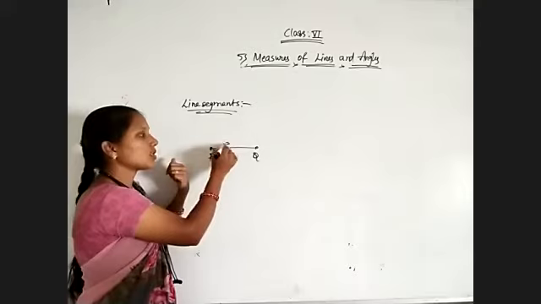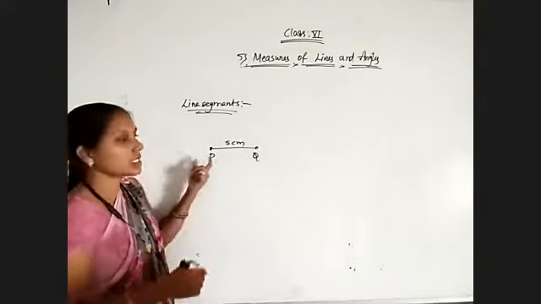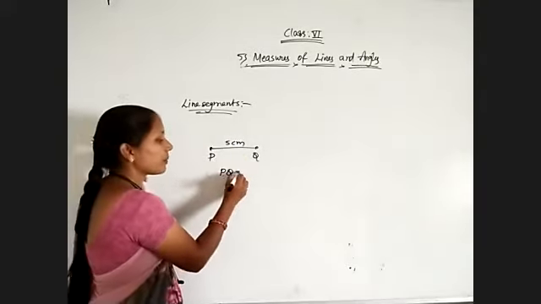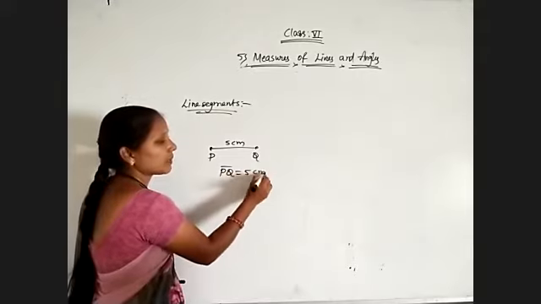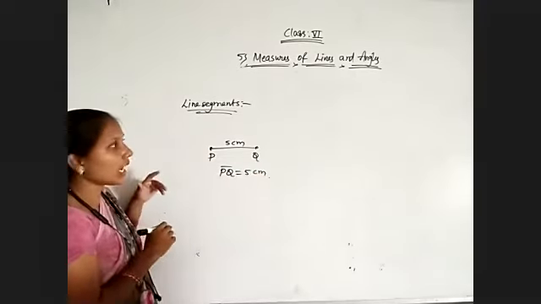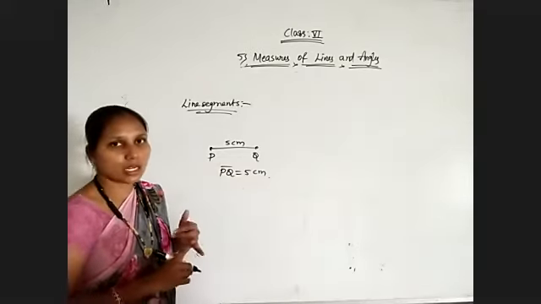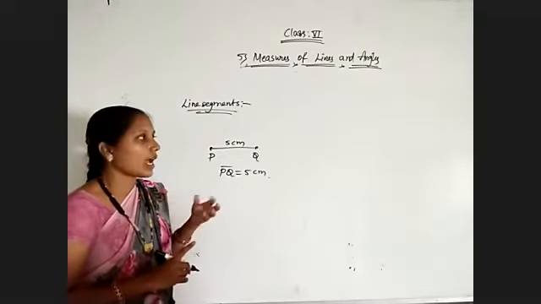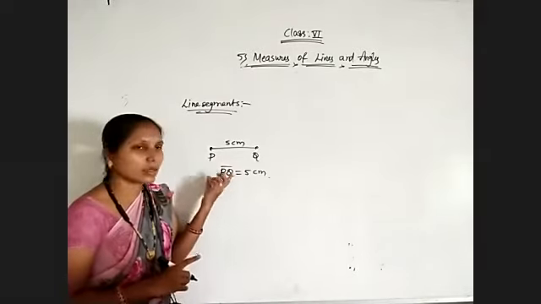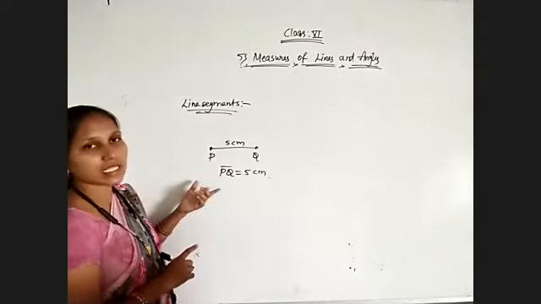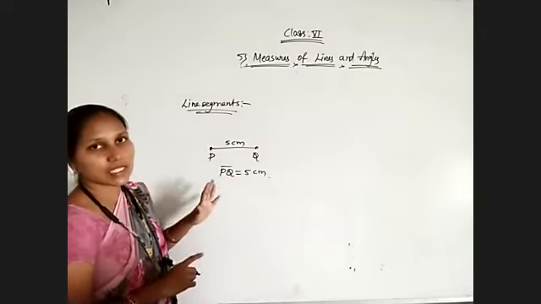So suppose it is 5 centimeters, then it will be represented as PQ is equal to 5 centimeters length. To compare two line segments, we use the instrument called a divider. Okay, and we constructed and measured several types of line segments in exercise 5.1.